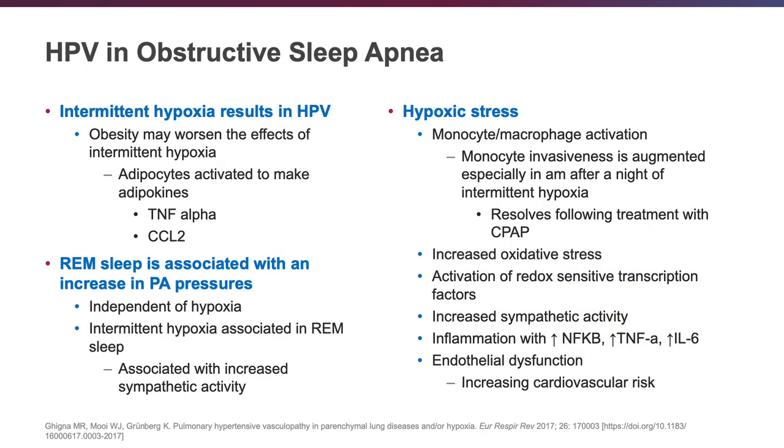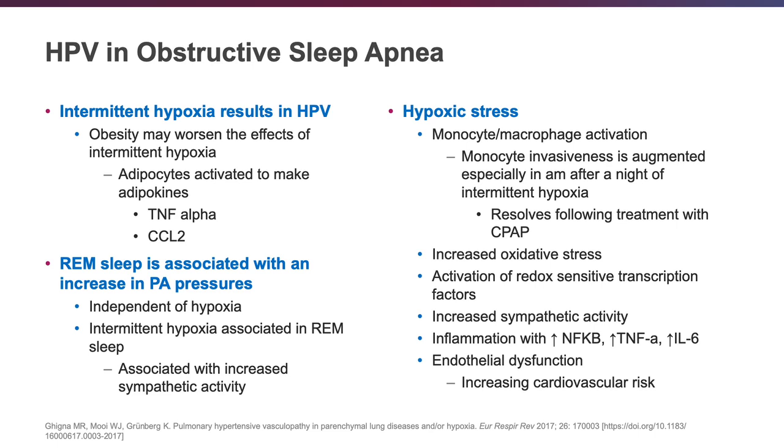What have we noticed about HPV and obstructive sleep apnea? Well, intermittent hypoxia certainly results in hypoxic pulmonary vasoconstriction, and that may be worsened by obesity, as obesity can upregulate adipocytes to make adipokines and be pro-inflammatory. In REM sleep, we find that it's associated with an increase in pulmonary artery pressures that can be independent of hypoxia.